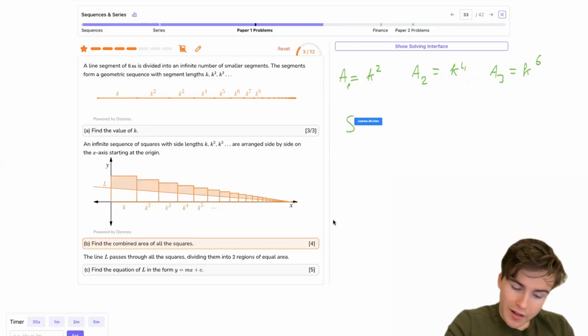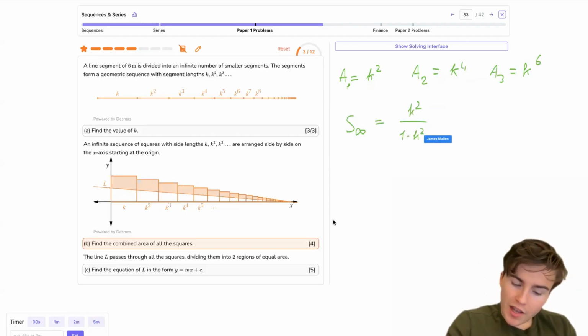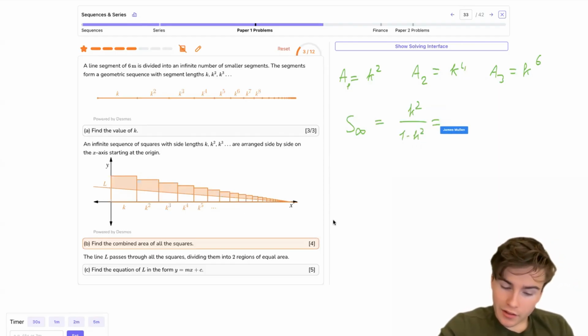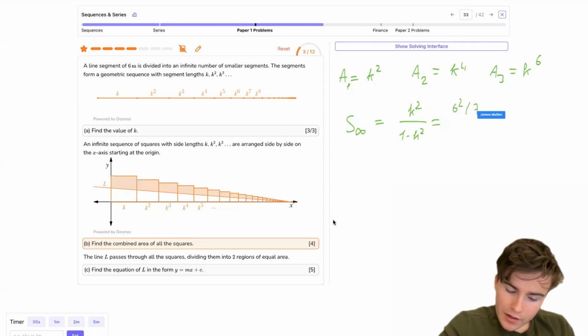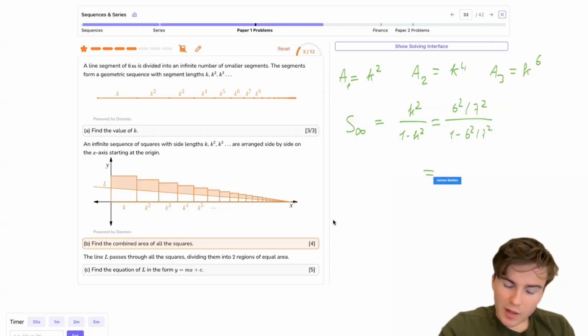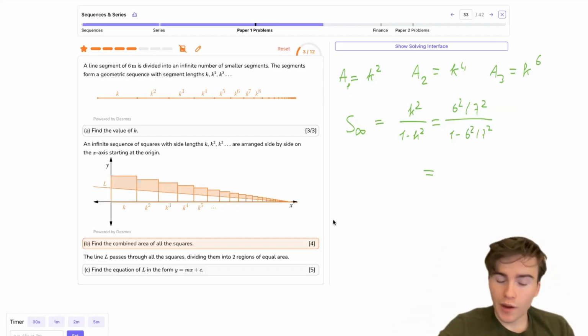So S infinity is equal to k squared over 1 minus k squared. But I know that k squared is 6 over 7. So this is going to be 6 squared over 7 squared, all over 1 minus 6 squared over 7 squared. To simplify this, I'm going to multiply the top and the bottom of the fraction by 7 squared.